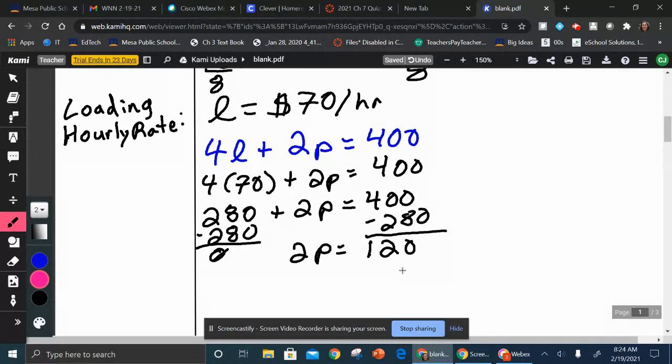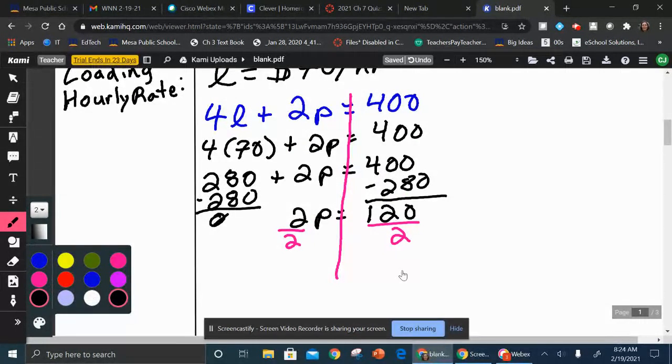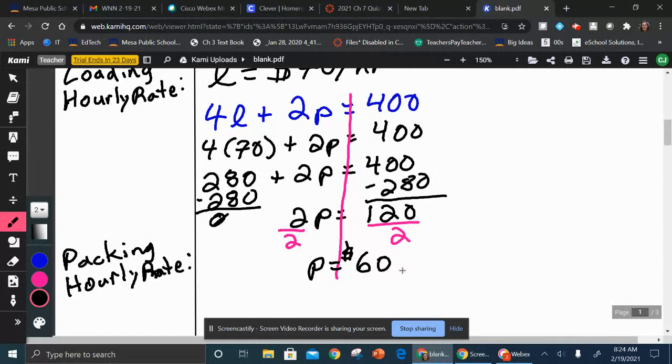I'm going to divide by 2 so I can solve for the packing rate. Get P by itself. Everybody notice too, if you like doing the line or think of it like crossing the river. So it's going to be equal to 60. So the packing hourly rate is $60 an hour.